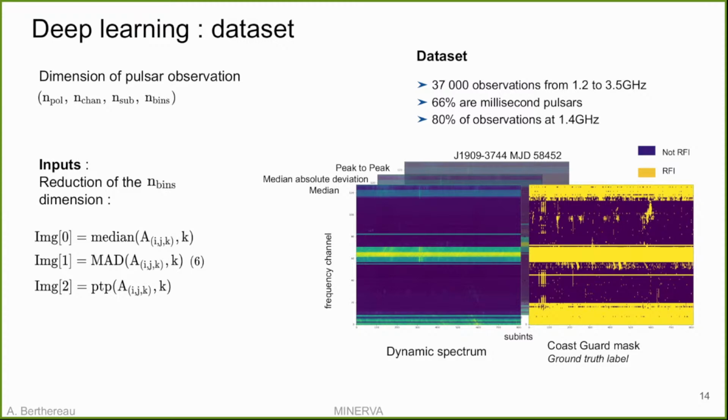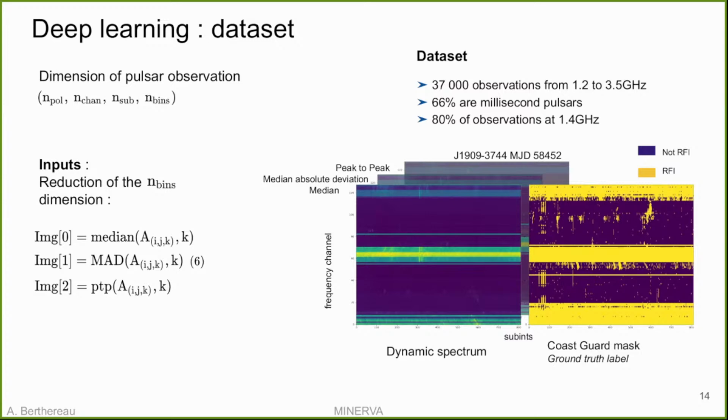These three images are in the frequency and time domain. So this is still a dynamic spectrum, but it is the median dynamic spectrum, the MAD dynamic spectrum, and the peak-to-peak dynamic spectrum. These three images will be considered as one input with three channels, because it is our network input shape.